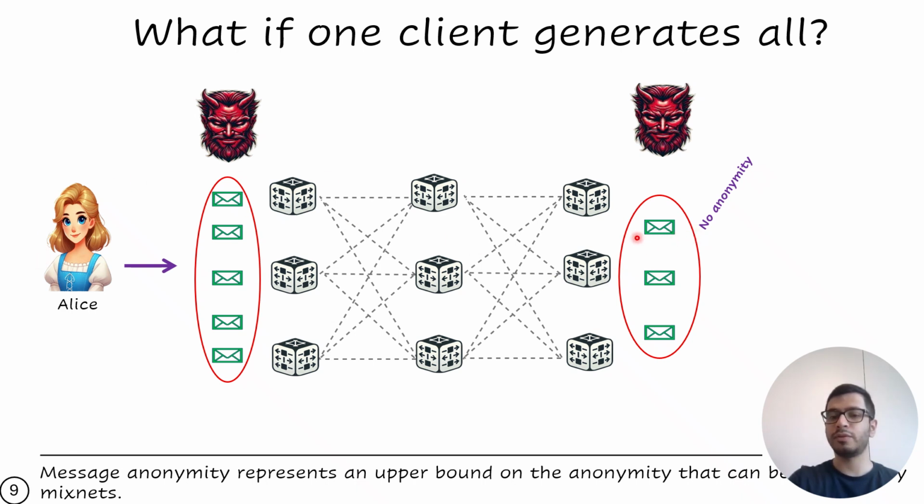Basically, with a probability of 1, each outgoing message can be mapped to the input messages. So basically, we naturally have no anonymity in this case. However, we realize that if you use the message anonymity metric, it will show you some number. So that means that message anonymity will exaggerate the anonymity that has been provided by the mixed network.